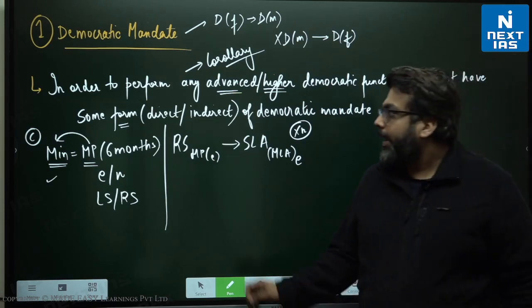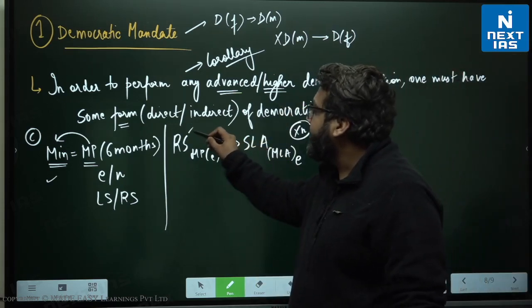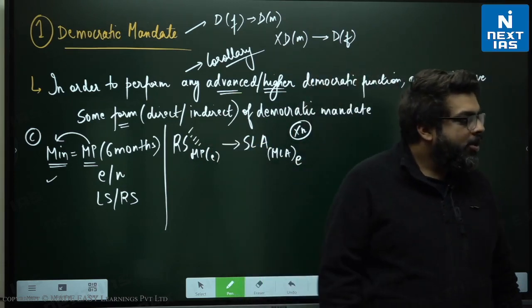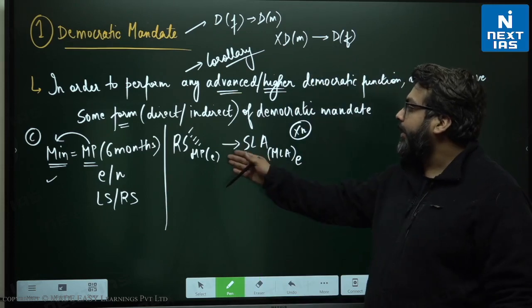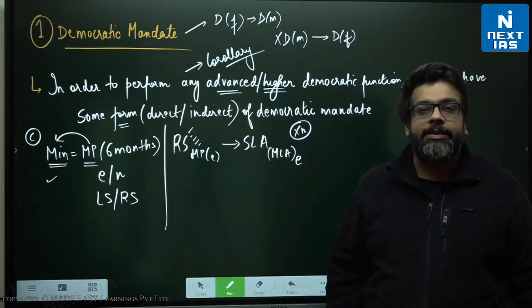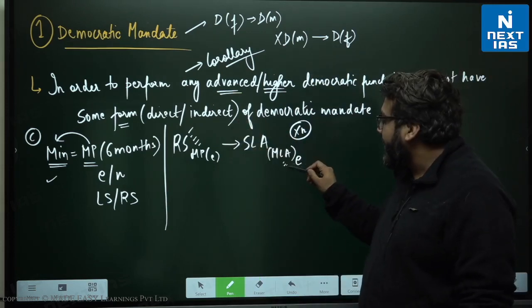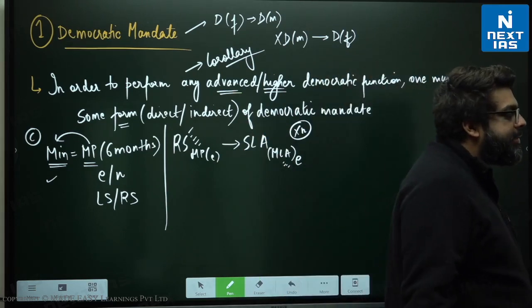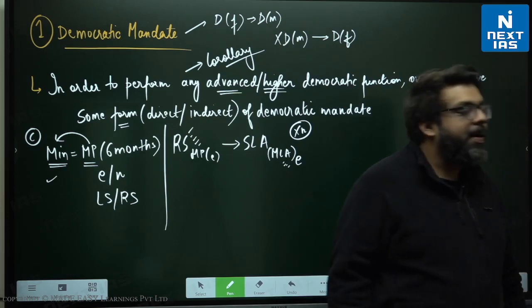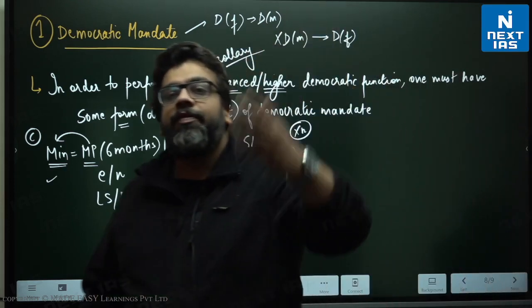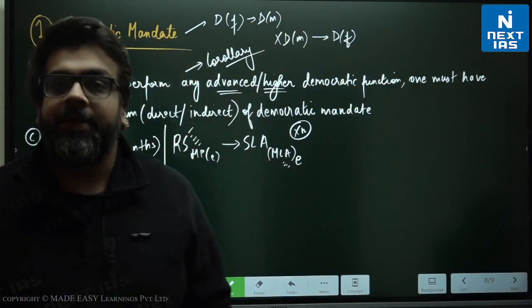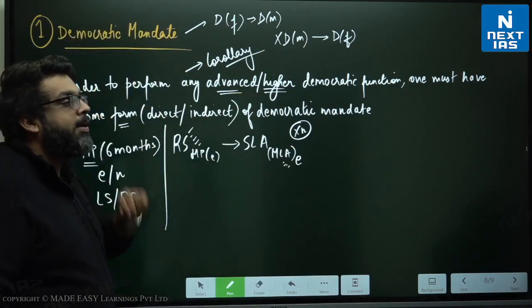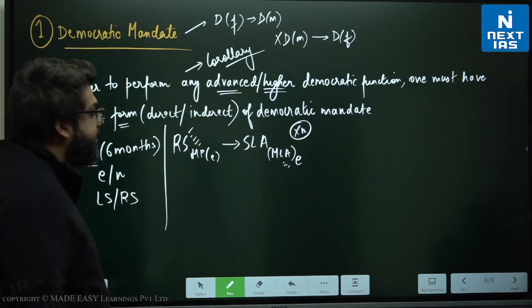Because if you are performing the advanced function of choosing a Rajya Sabha MP who's going to represent the interest of your states, you yourself should have been elected to represent the state interests. Then only will you participate in the election of a higher office in that context? So, an application of rule number 1, democratic mandate.